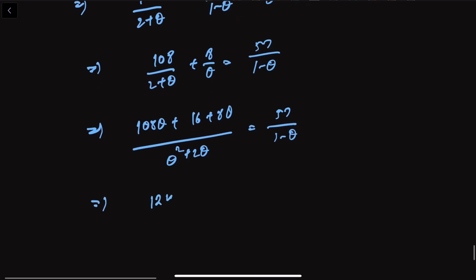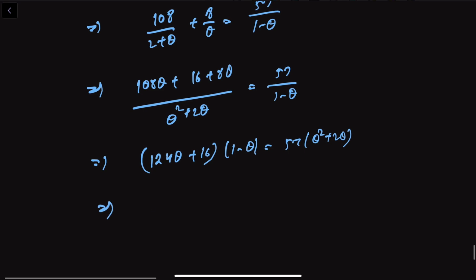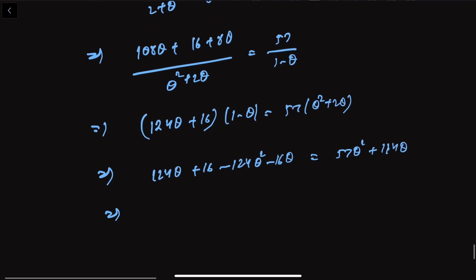So 124 theta plus 16 into (1 minus theta) is 57 into (theta square plus 2 theta). That means 124 theta plus 16 minus 124 theta square minus 16 theta is 57 theta square plus 114 theta. So we get 181 theta square plus 6 theta minus 16 equals 0.